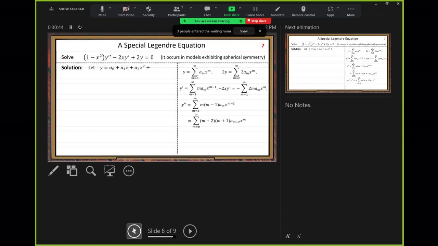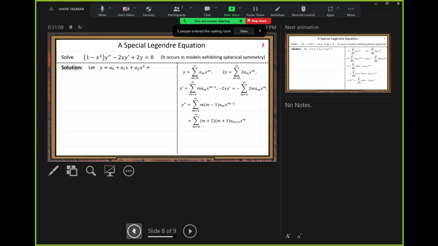But m starts from 0, because of m minus 2. If this is the new m, when m equals 2, it starts from 0. So when you do calculation like this, you should be very careful everywhere. It is not easy.